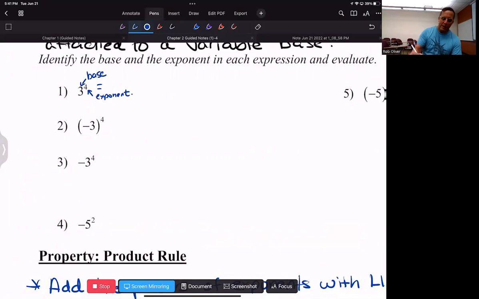But 3 to the 4th power, if we expand it out, means 3 times 3 times 3 times 3, which equals 3,003. No, it doesn't equal 3,000. It equals 81. 3 times 3 is 9. 9 times 3 is 27. 27 times 3 is 81. I think that's what it is.